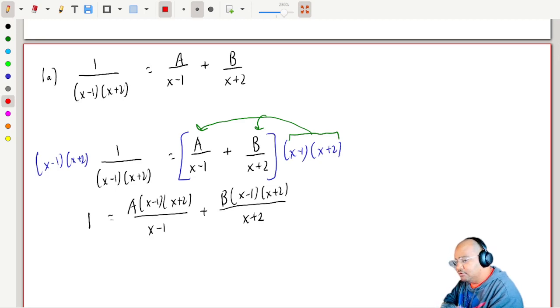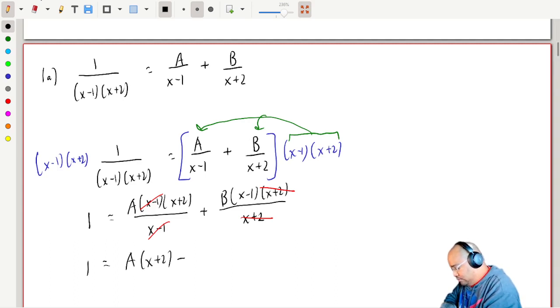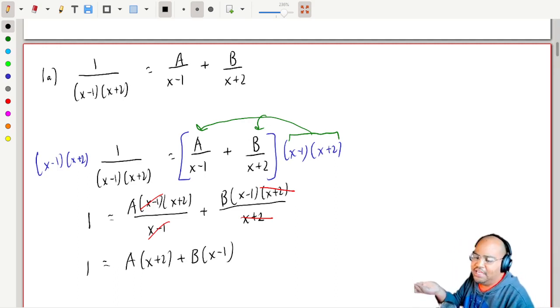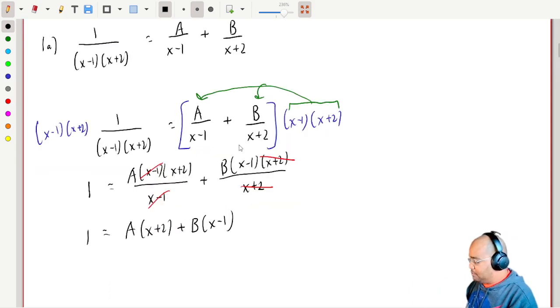The correct stuff will vanish on the right-hand side: the x minus 1s drop here, the x plus 2s drop here. Now I'm left with 1 equals a times x plus 2 plus b times x minus 1. So we have an equation in a and b with the intermediate variable x, and I need to solve this for a and b. That gives me the identity above.